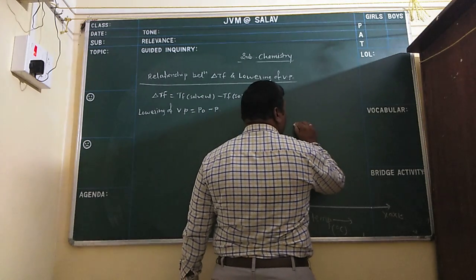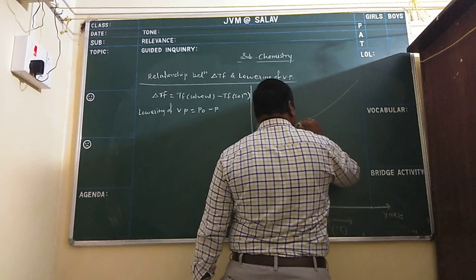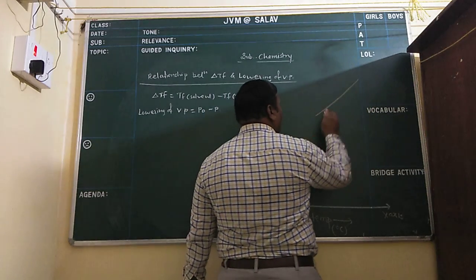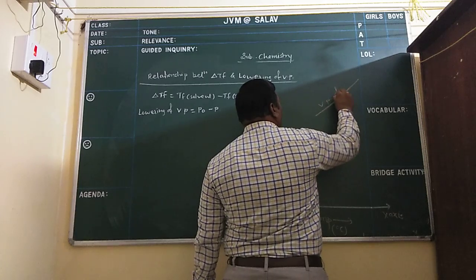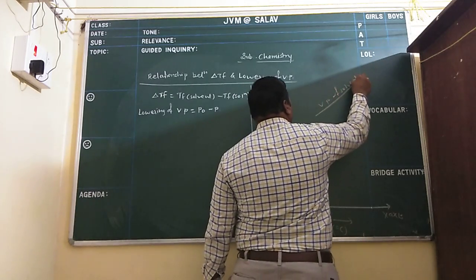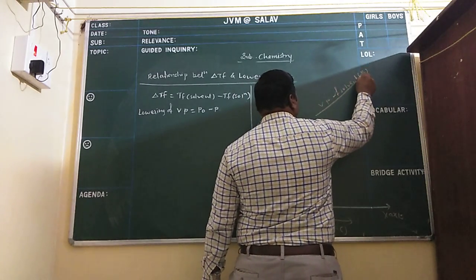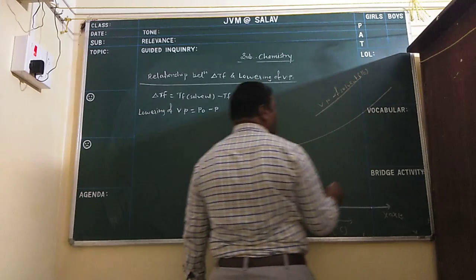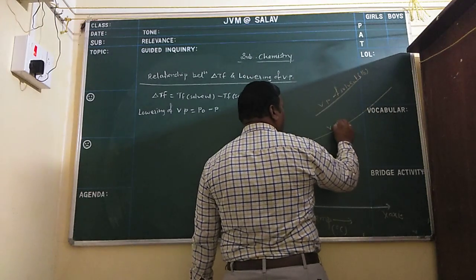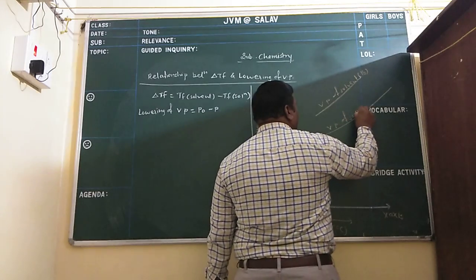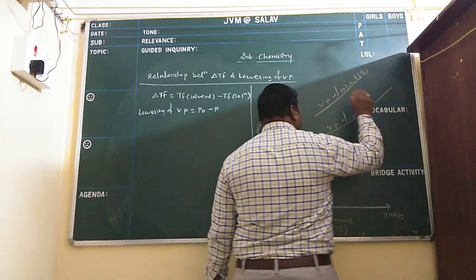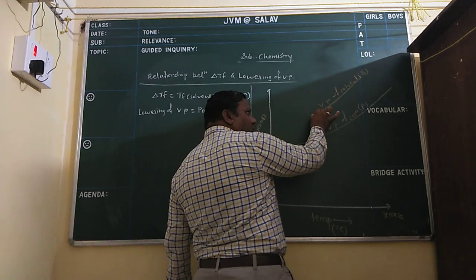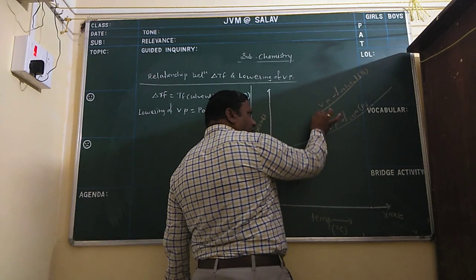Now this one curve is for the vapor pressure of solvent, that is P0, and this curve is for the vapor pressure of solution, that is P. This for solvent, this for solution.